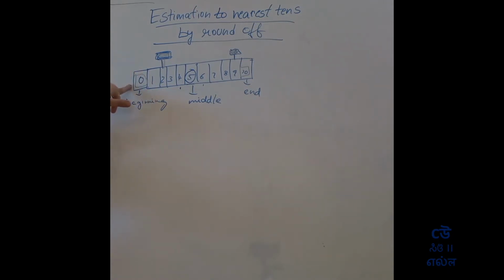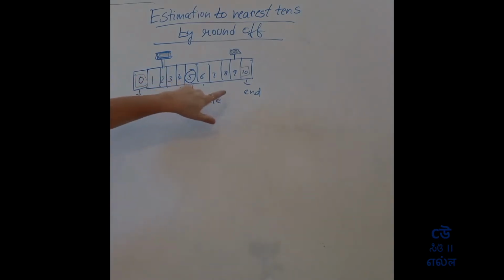Beginning number, that is 0, or ending number, that is 10, children. How to see that? Count from the beginning number, that is 0. 1, 2. It's 2 positions far.